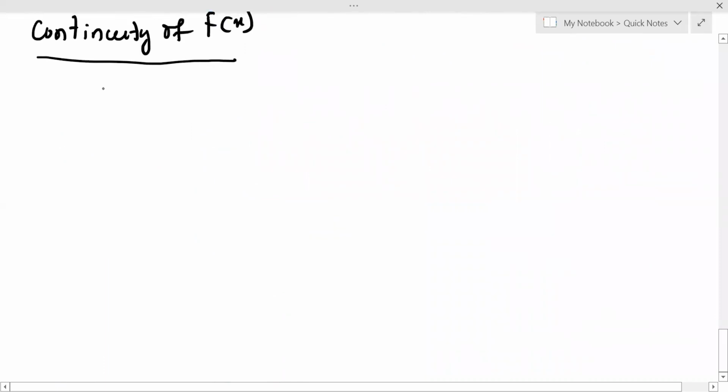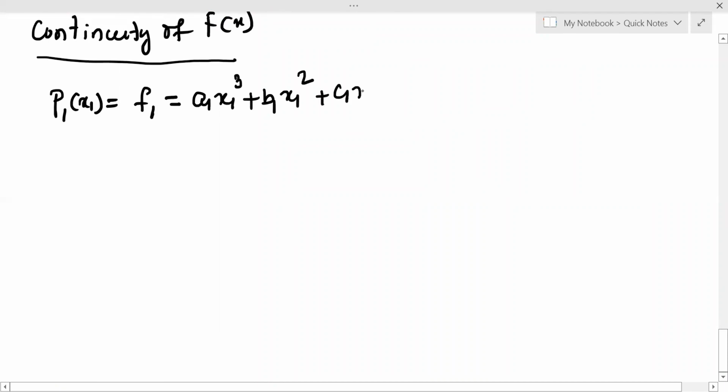P1(x1) is equal to F1, which is equal to a1x1 cube plus b1x1 square plus c1x1 plus d1.